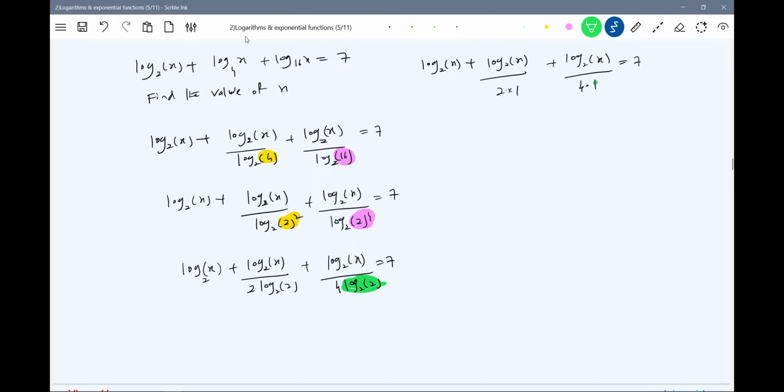Should be equal to 1, and similarly the other log 2 to the base 2 value should also be equal to 1. So log x to the base 2 by 2, so 1 by 2 plus 3 by 4, this will become 7 log, equal to 7.